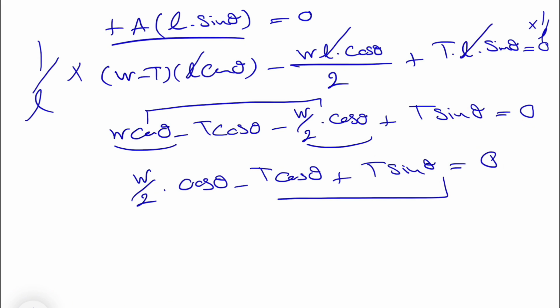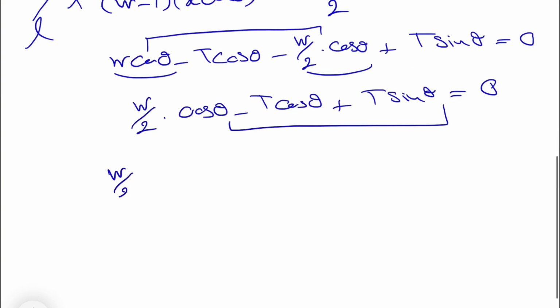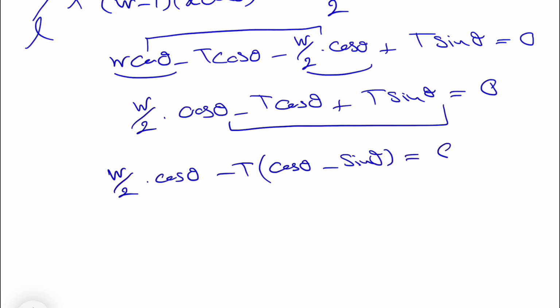And here we can factor T. If we do that, we'll have W divided by 2 cosine of theta minus T times cosine of theta minus sine of theta equals 0.